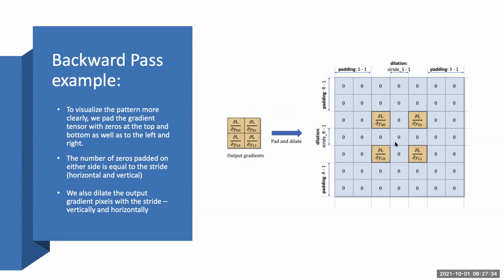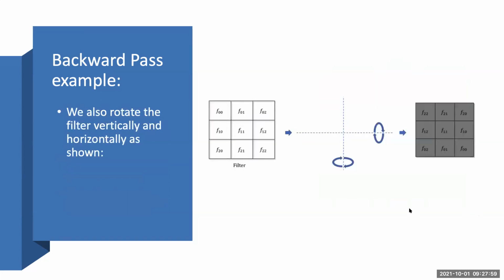On the inside, we dilate in between the matrices with stride -1. So that's why we have 1 zeros cutting through the output matrix, the loss gradient matrix. And we have 2 rows of zeros padding all sides of the output gradients. I hope that makes sense.